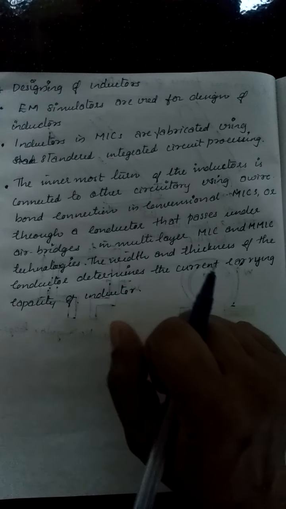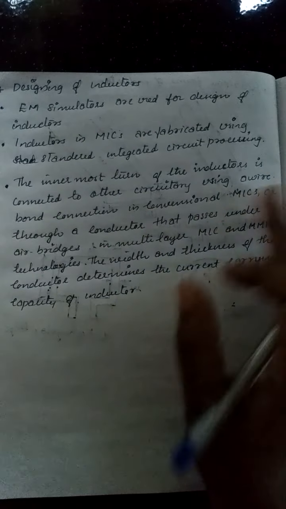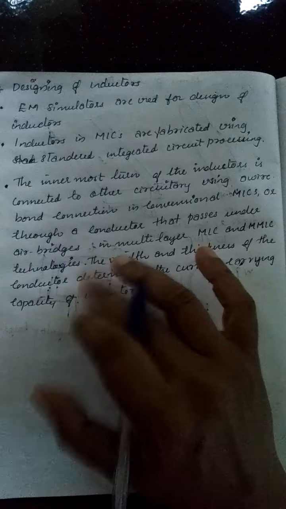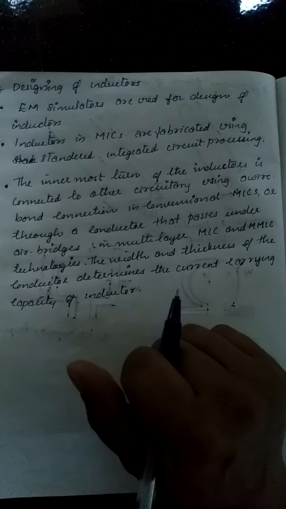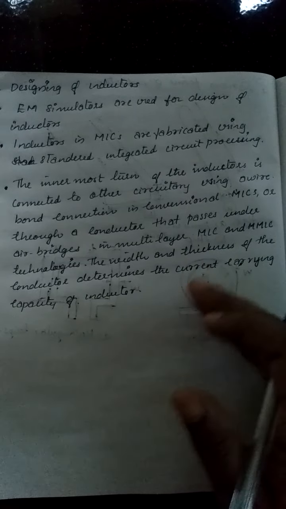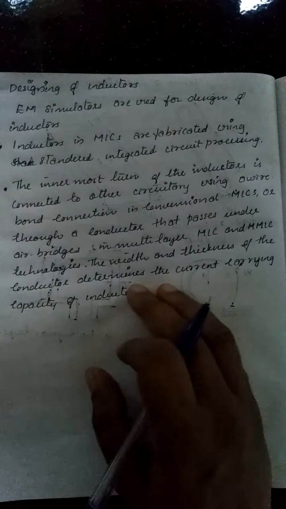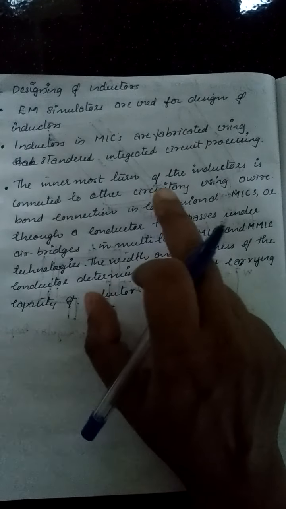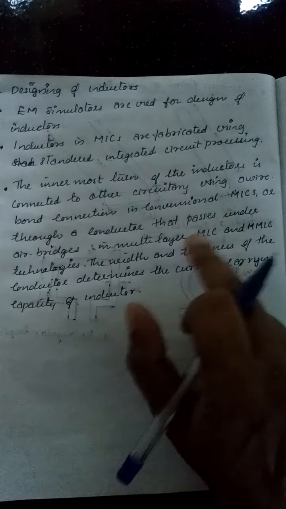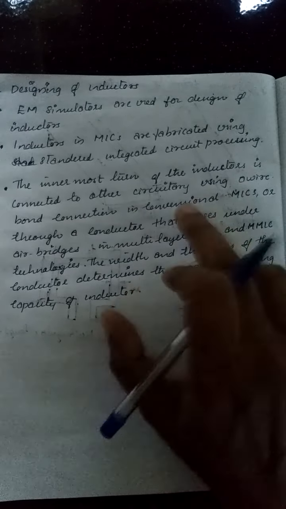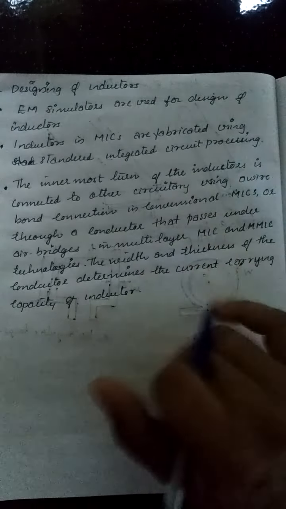These conductors should pass under air bridges between the levels. For multi-level MIC and MMIC, we use extra conductors here for the connection, or a wire bond connection.